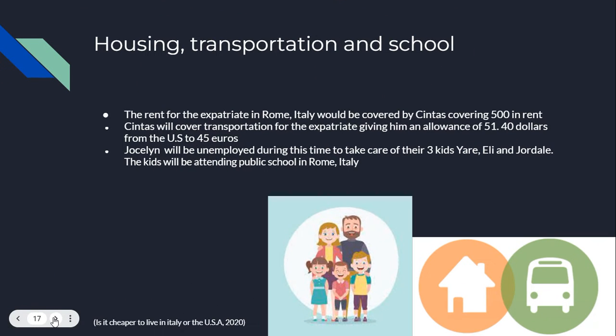So how will the housing, transportation, and schools work? The rent for the expedite in Rome, Italy would be covered by Cintas, covering 500 in rent. Cintas will cover transportation for the expedite, giving him an allowance of $51.40 per month, which is transferred from the U.S. to 45 euros.